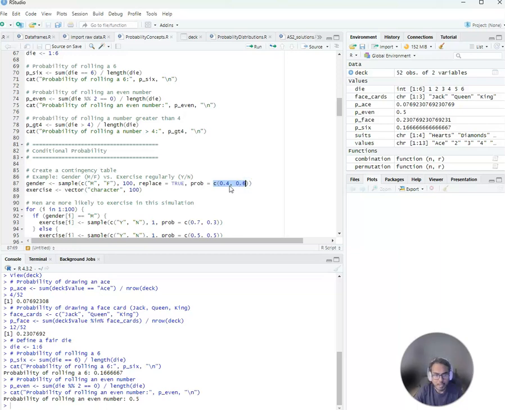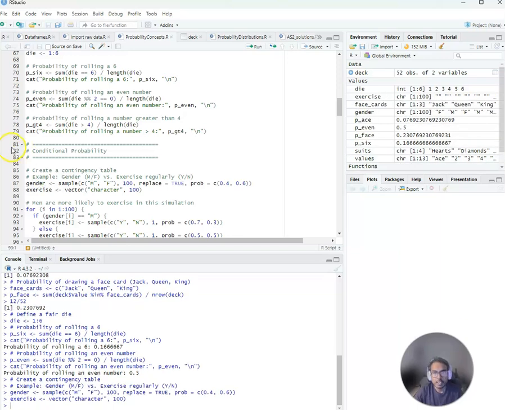So men are 40% likely to be in the sample. So 0.4 corresponds to M and 0.6 corresponds to F. And then you combine them using the vector function. So we run lines 87 and 88. We have a character vector. So let's take a look at that.